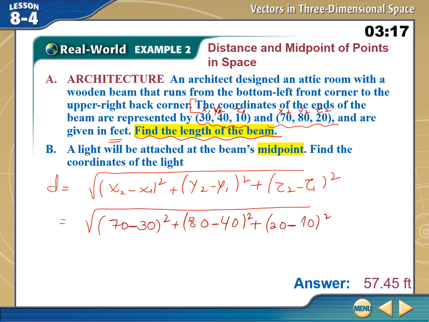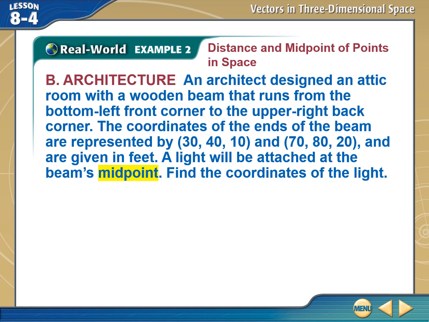Now put it in the calculator and your final answer will be 57.45. Now since you have to calculate the beam in feet, don't forget to put the feet over here. And you also calculate it so that you can see that you are writing each and everything in the calculator properly. Let's go back to the second point.